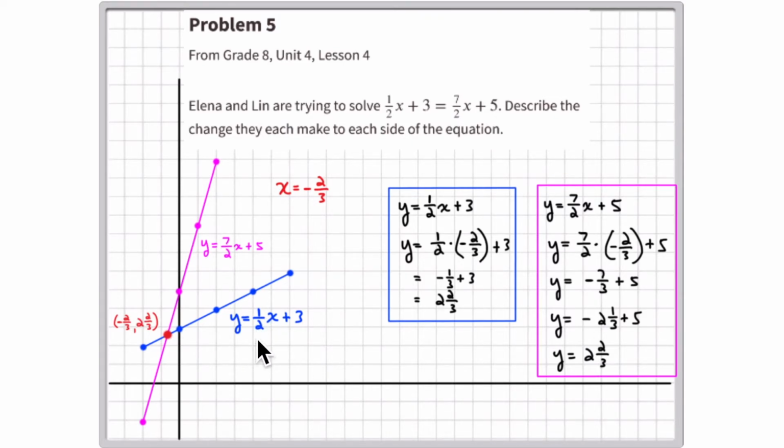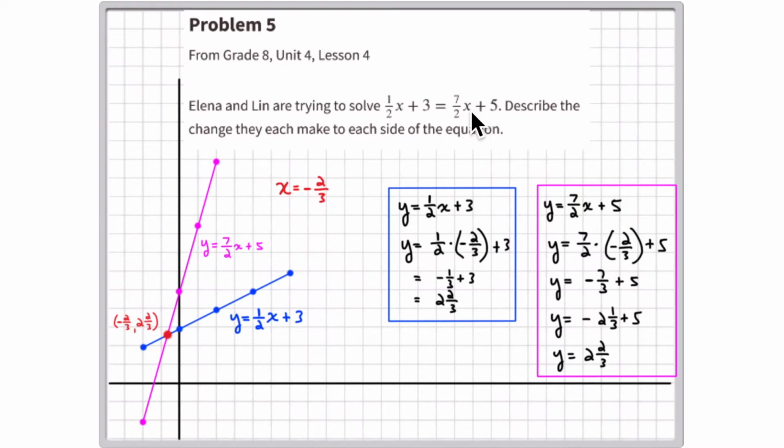So for each unit of x, each length of x, y increases 1/2 that length. So you go over 1 unit this way and up 1/2. 1 unit this way and up 1/2. 1 unit this way and up 1/2. And this crosses the y-axis at 3. So 1, 2, 3. So the y-intercept is 3.